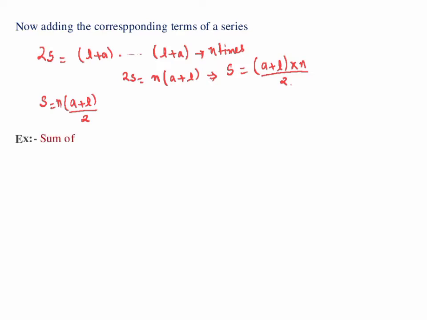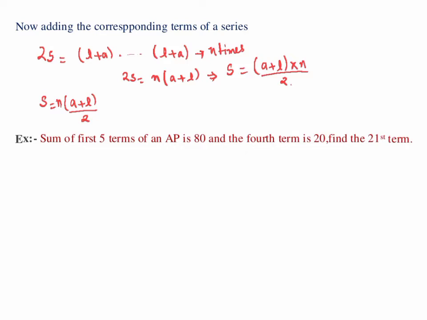Let's see one example. Sum of the first 5 terms of an AP is 80 and the fourth term is 20. Find the 21st term. So we are given that the sum of the first 5 terms of an AP is 80 and the fourth term is 20.